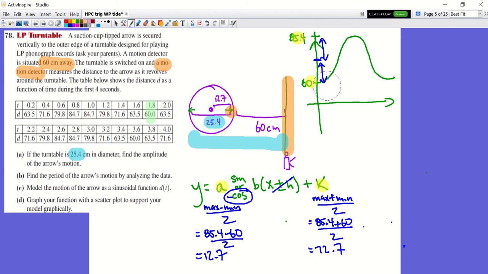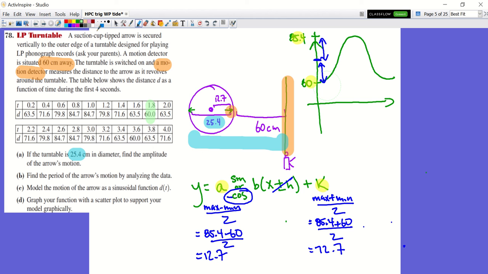B is your period, so we can look at this as low to low. We're going to look at the low point and compare it to the other low point.